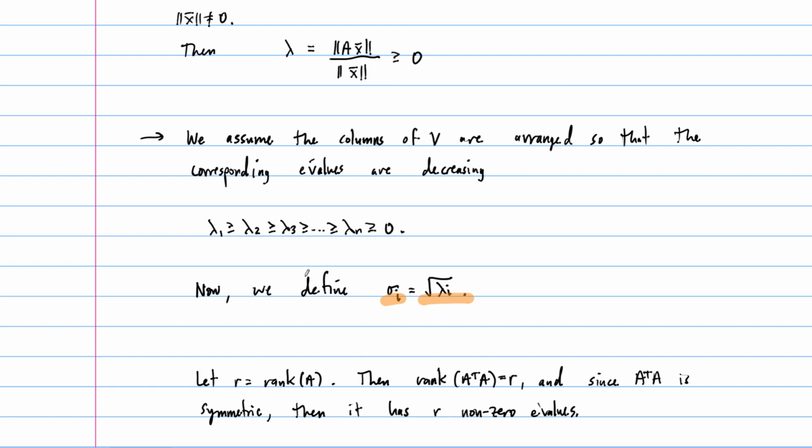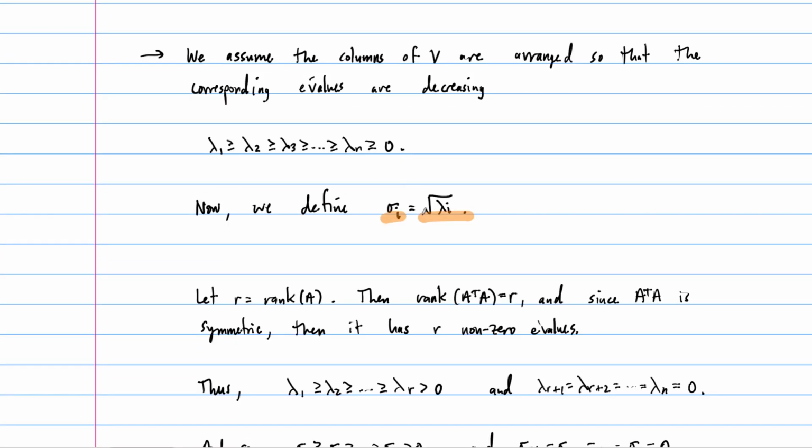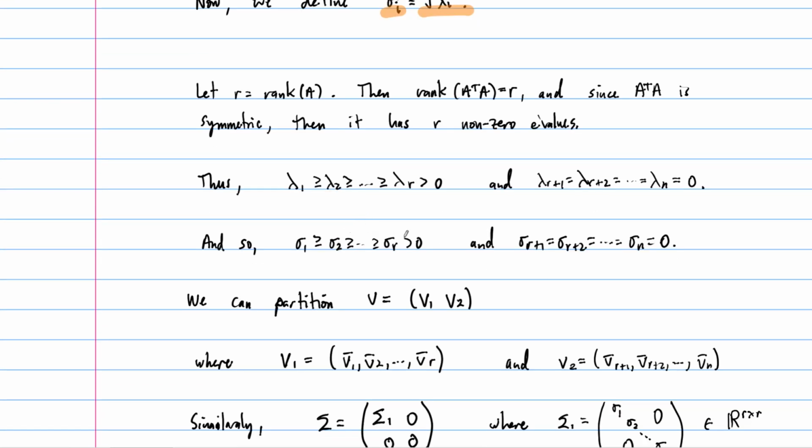That's how you get the matrix V. The singular values are then the square roots of those eigenvalues. Once you've got those decreasing, the sigmas will also be decreasing because of the way the square root function works. So that's good. So then we have our matrix sigma.